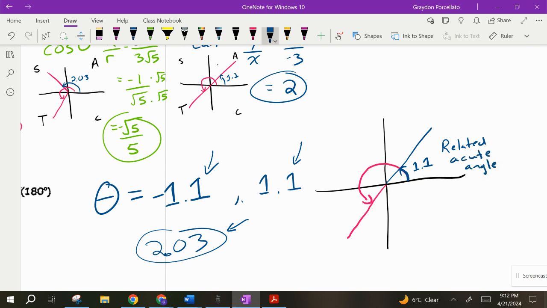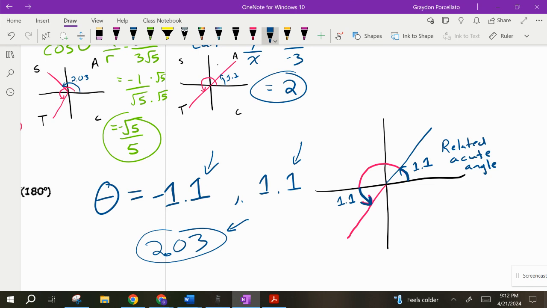This is really helpful because when we're solving trig, we can use our related acute to find the answer to other questions. So that angle actually happens to be the same as this angle here. So this little section here is 1.1.